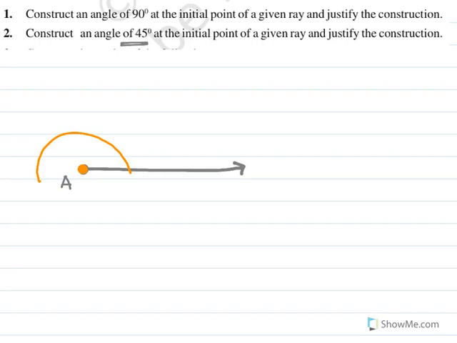After that, you keep your compass at this point B, and with the same radius you cut it first here, then keep the compass here. This is C, same radius, you cut here, this is the point D.